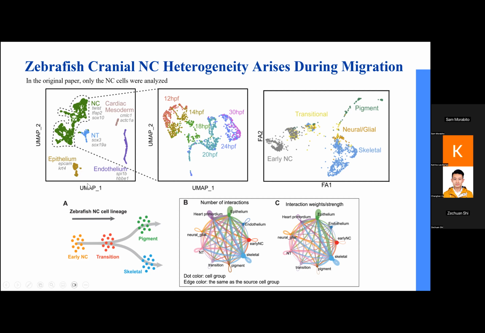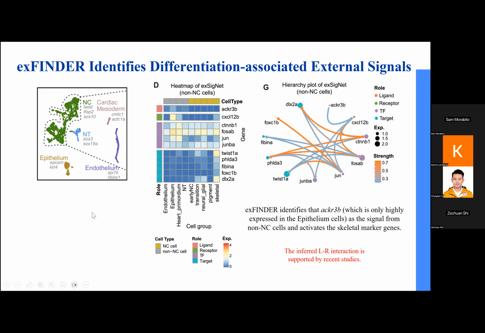And then here, first, Expounder identified one ligand that is only highly expressed in epithelial cells, this brownish group. This ligand is highly expressed in this group and has very low expression in the neural crest cells.